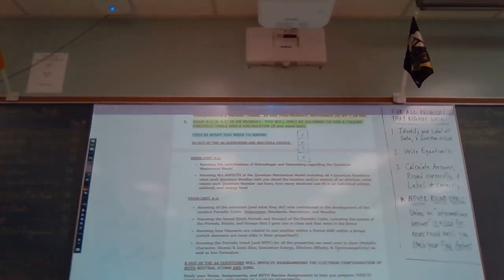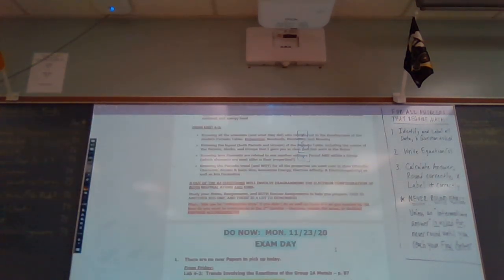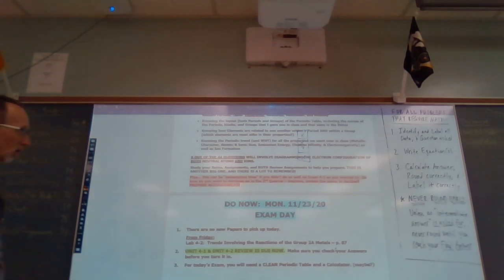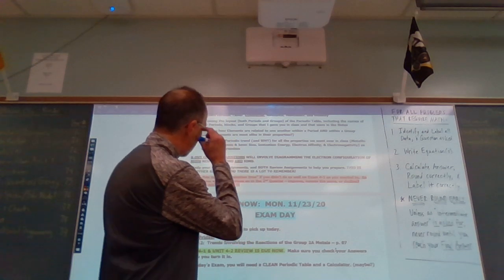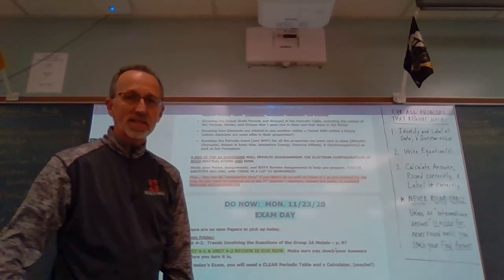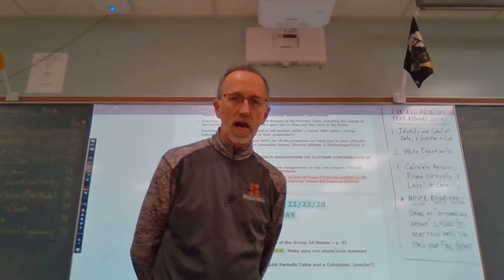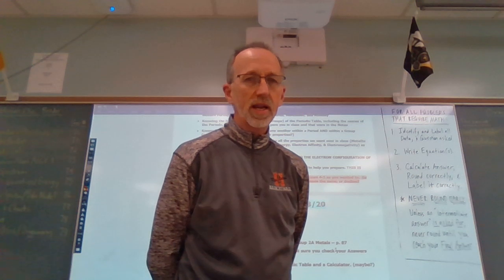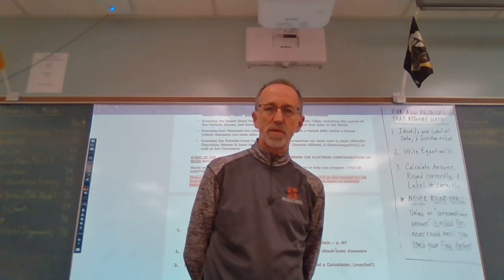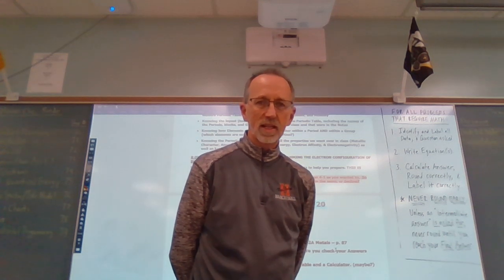And then let me advance the page again. 8 out of the 44 questions will involve diagramming the electron configuration of both neutral atoms and ions. All right. So electron configuration, of course, we went over a lot in Unit 4.1 and again in Unit 4.2 with the formation of ions, which of course involve valence electrons.